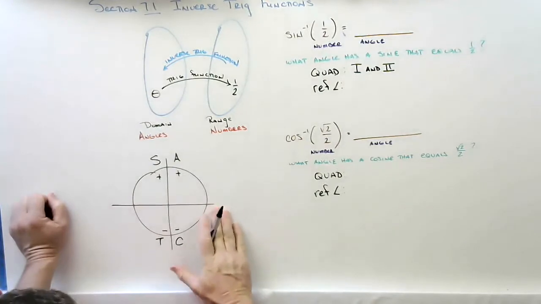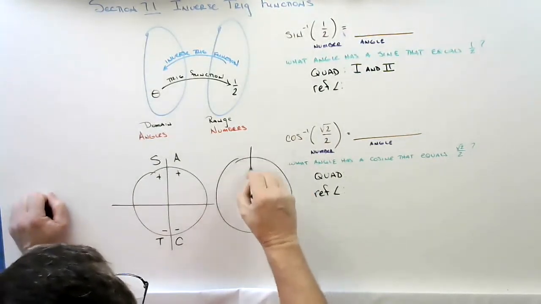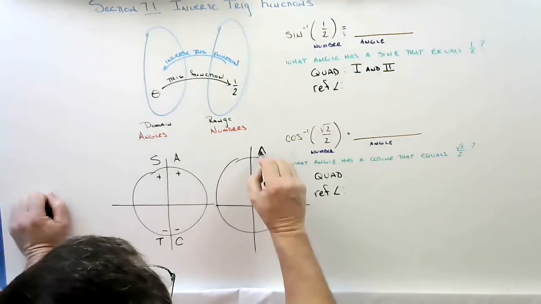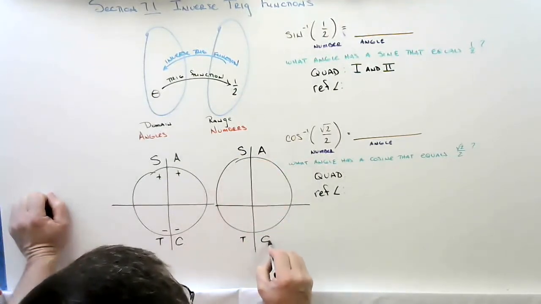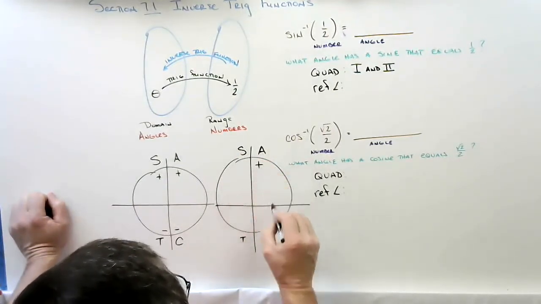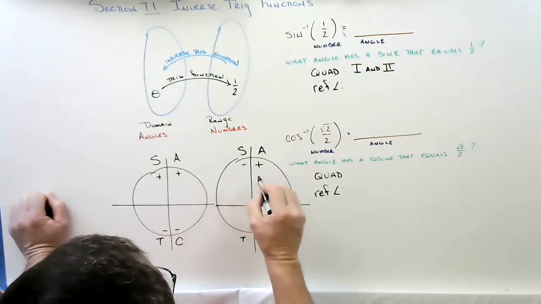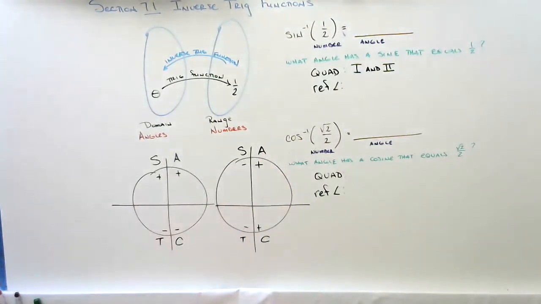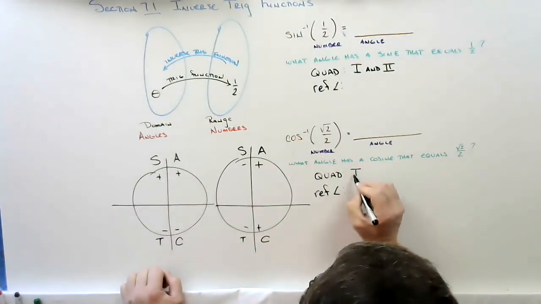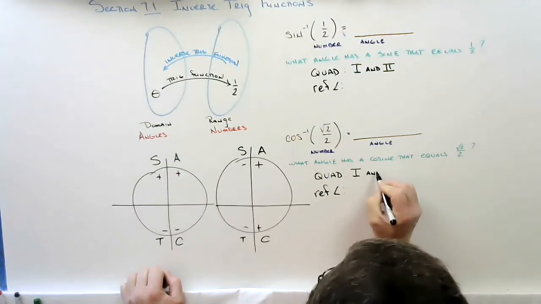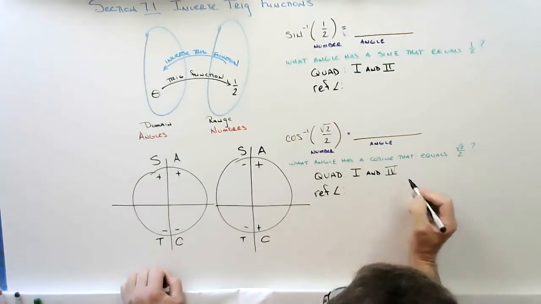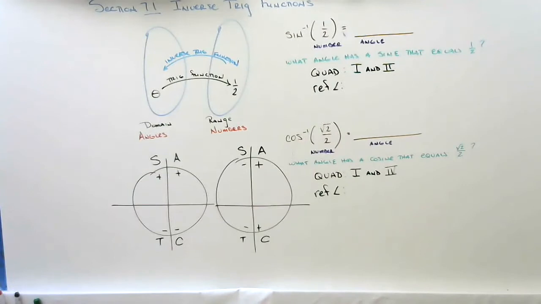Let's just draw another circle right here. For cosine, we would be positive here and here, negative here and here. So for our quadrants, we have quadrant 1 and quadrant 4. So if we just do what we've been doing, we're probably going to get ourselves on the path to getting the correct response.